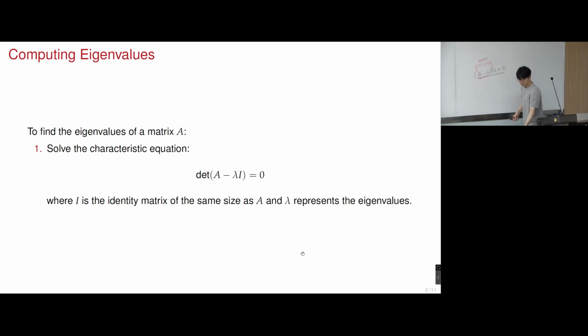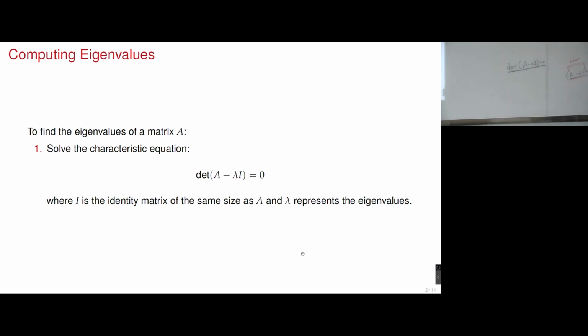So what we have to show is that the determinant of A minus lambda I has to be 0, and this must hold to find the lambda and the corresponding eigenvector. Alright? And that is written here in number 1 about the process of finding and computing the eigenvalues.